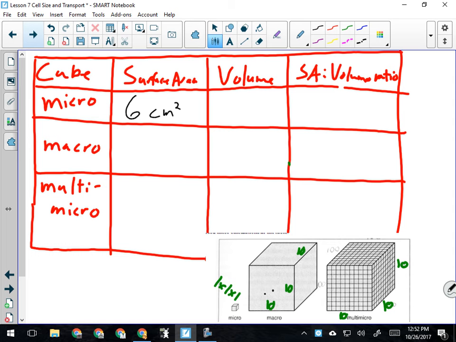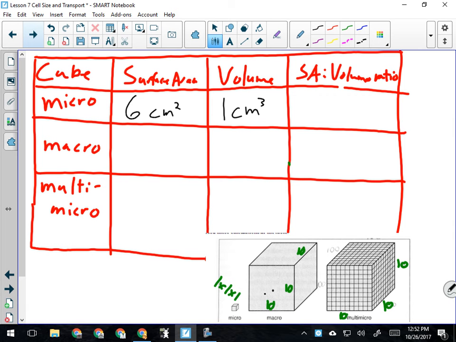If I want to calculate the volume of micro, length times width times height. 1 times 1 times 1 is 1 cubic centimeter. So my surface area to volume ratio is calculated by going surface area divided by volume.